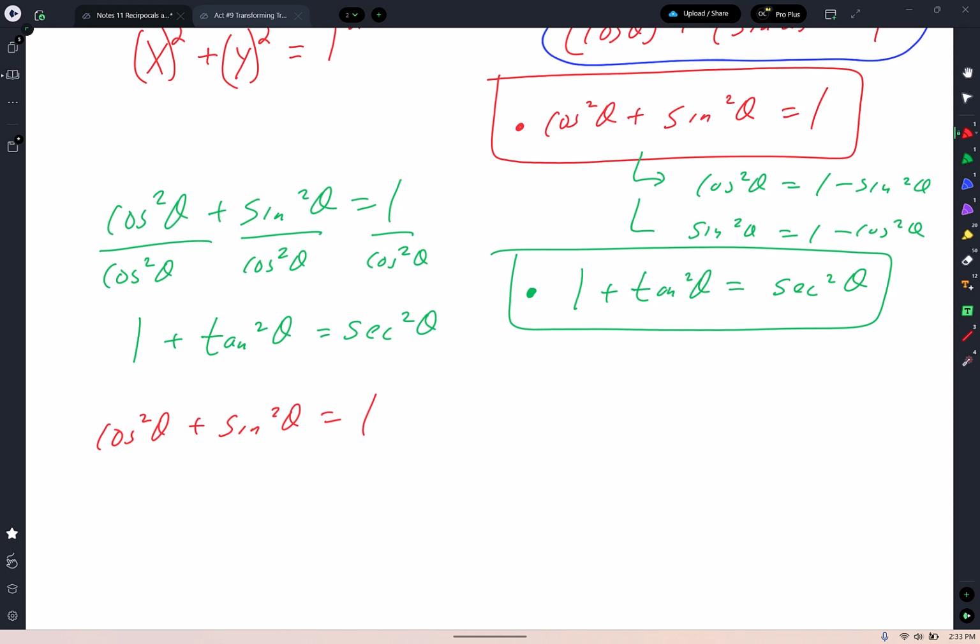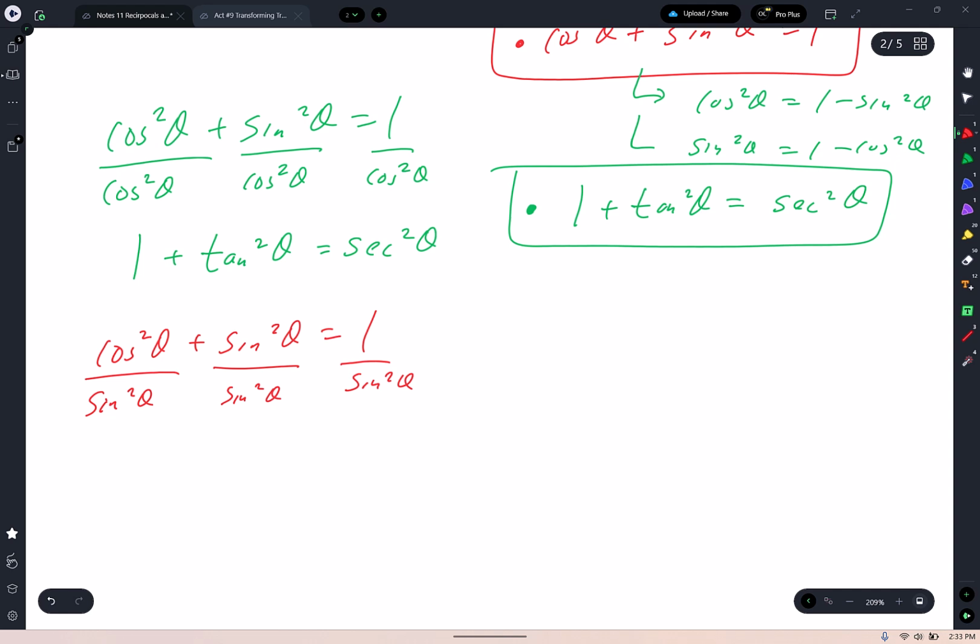So now I'm going to take the cosine squared plus sine squared equals 1, and guess what I'm going to divide by? Sine squared. When I do that, what's cosine divided by sine? Cotangent, but because I have a square on it, I put a square.